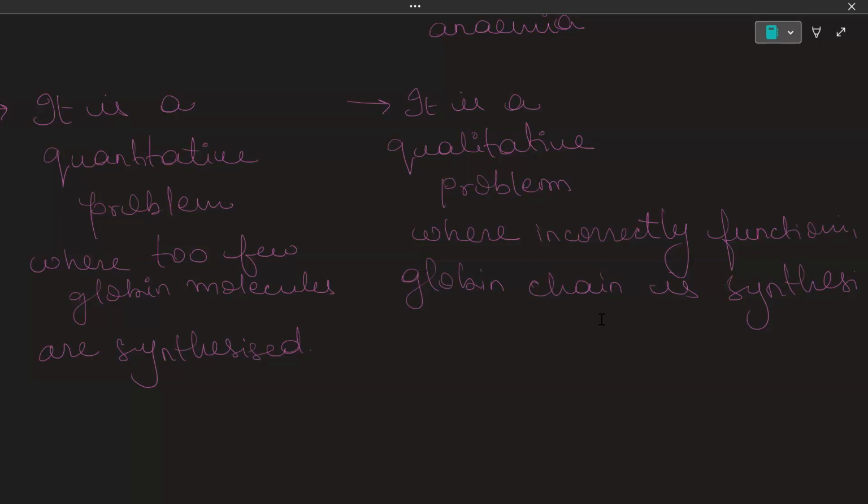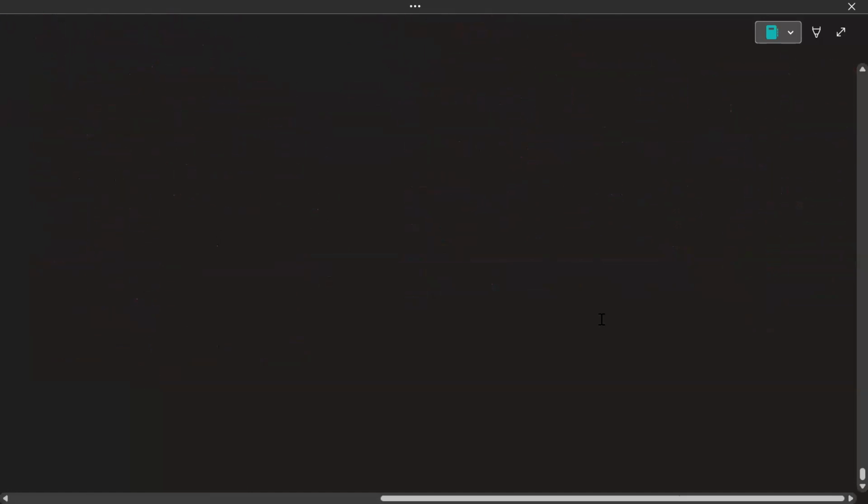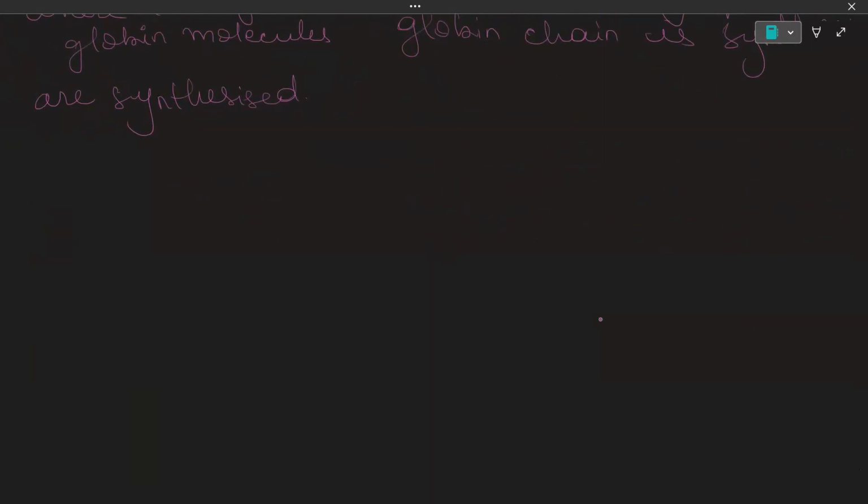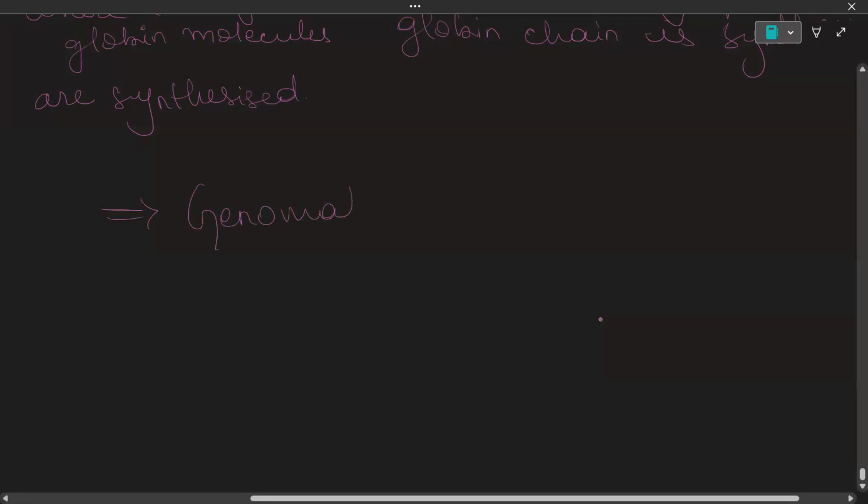Remember? So before moving on to chromosomal disorders, I'll first tell you about certain types of mutation which occur in the chromosome. Talking about those, first you should know about the genomic mutation.